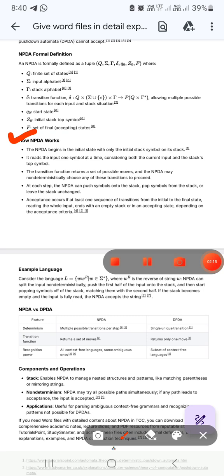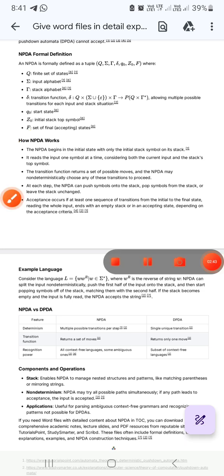At each step, the NPDA can push symbols onto the stack, pop symbols from the stack, or leave the stack unchanged. Acceptance occurs if at least one sequence of transitions from the initial state to the final state, reading the whole input, ends with an empty stack or in an accepting state, depending on the acceptance criteria. Thus the NPDA, that is non-deterministic push-down automata, works.